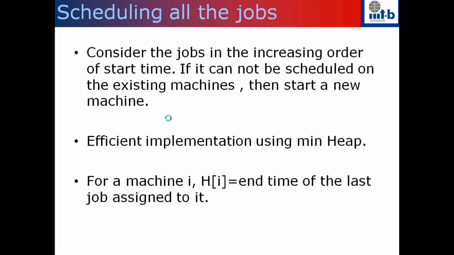Let's ask ourselves what is the best way to implement this algorithm. You can consider the jobs in the order in which they come, but how do I know whether the current job can be scheduled on one of the existing machines, or whether I need to ask for a new machine? For each machine, you look at the latest job which has been assigned to it.